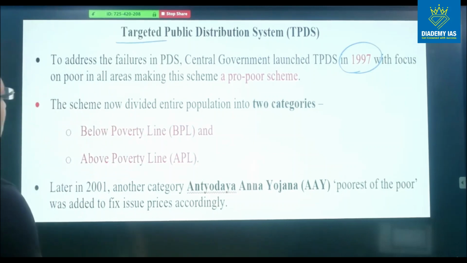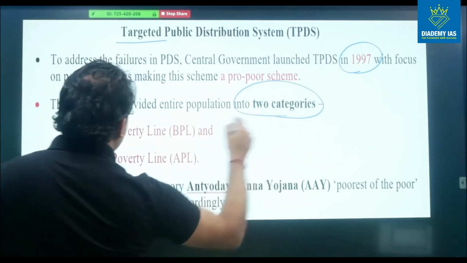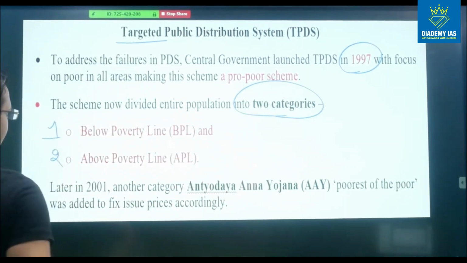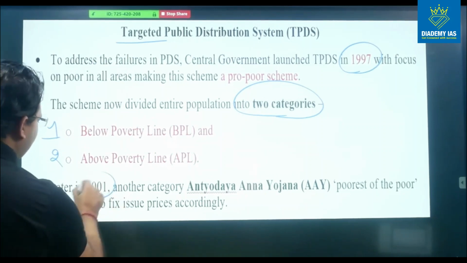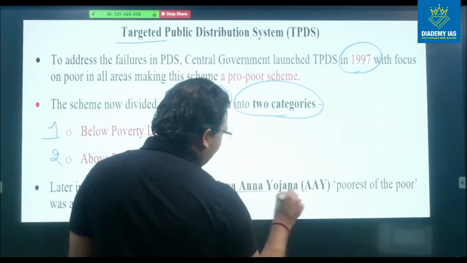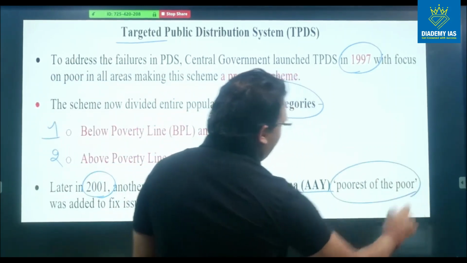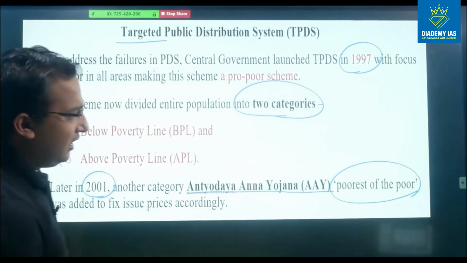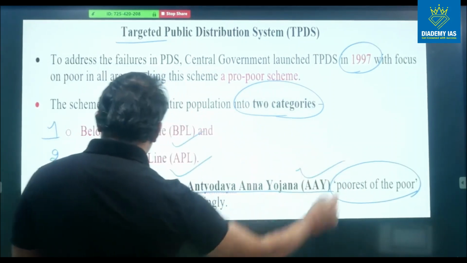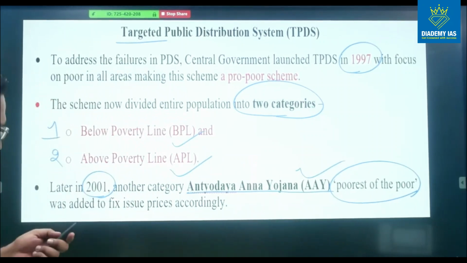Now this targeted PDS caters to two categories of population: one is below the poverty line and another is above the poverty line. Apart from that, in 2001 one more category was added, Antyodaya Anna Yojana, for the poorest of the poor people. So BPL, APL and AAY are the three categories targeted by the public distribution system.